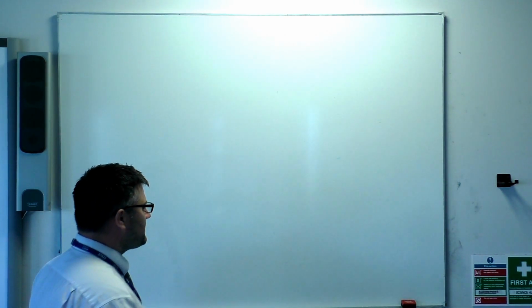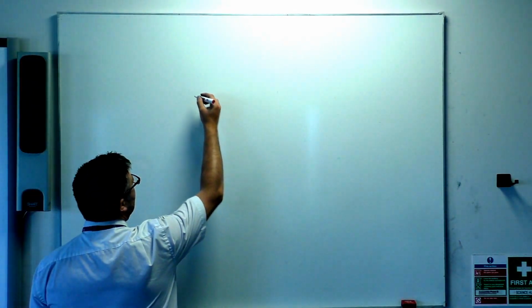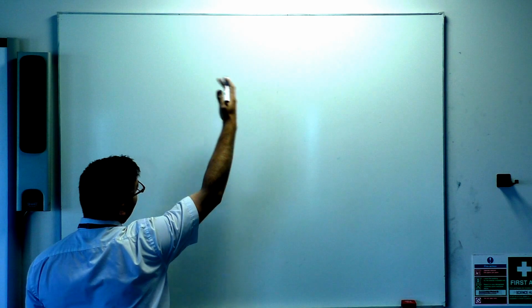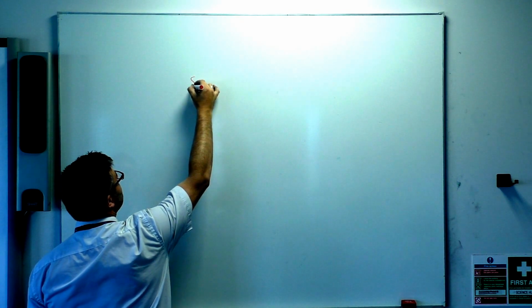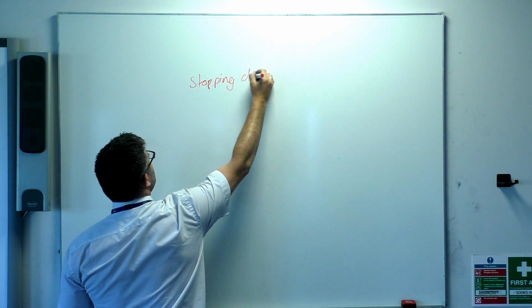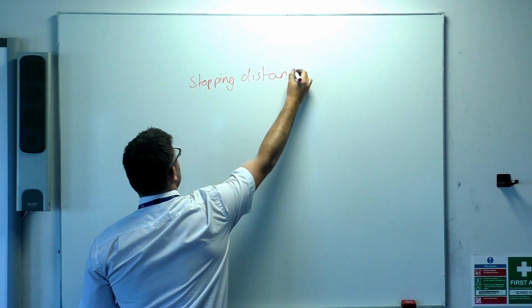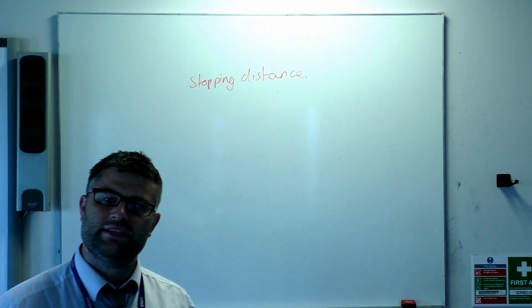Okay, let's look at some terms just to start with. Well, the first term that I want you to be aware of is stopping distance itself. That's a good one to start with, since that's what I've already said. Stopping distance. Well, what is stopping distance? Have a think. What do you think stopping distance means?